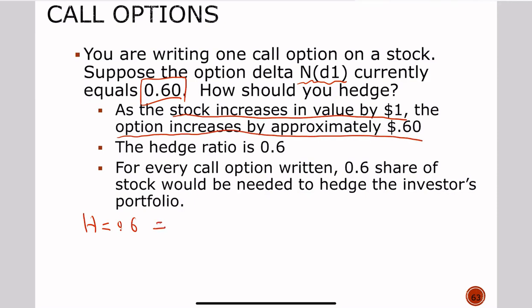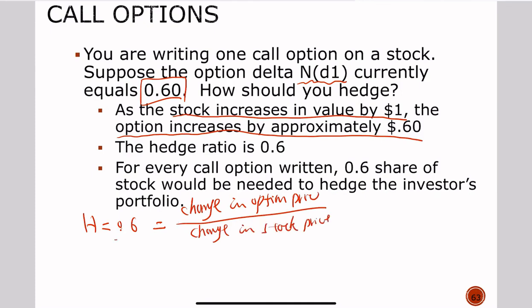Because by definition, the hedge ratio is the change in option price divided by the change in stock price, right? And we have a positive hedge ratio. This implies if the stock price increases by 1, then the option value should increase by 0.6, right?